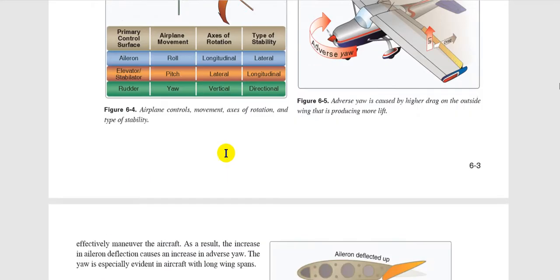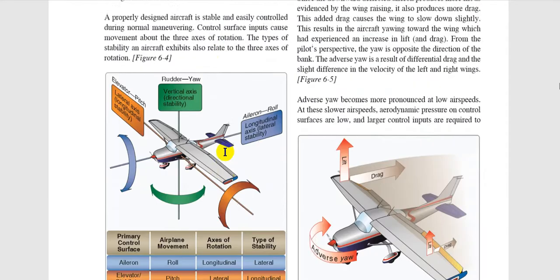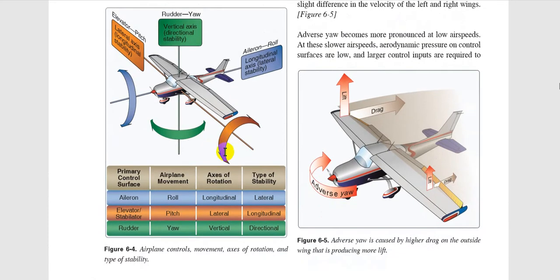Something that we have to be aware of in turns. This aircraft is doing a slight turn, and lift and drag play in conjunction, because the more lift you have, the more drag that's going to occur. So even though this aircraft is trying to make a left turn, this aileron is pushing the wing up, this aileron is pushing the wing down, so we have less lift on this side.